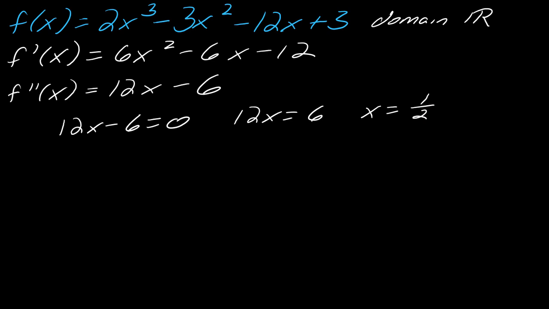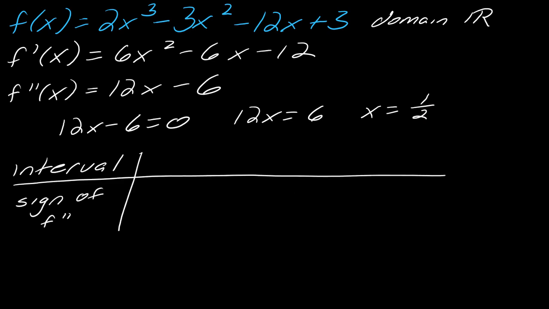So let's set up a table. This table looks very familiar to what we talked about in the first derivative test. And if you don't know what the first derivative test is, I'll leave a link in the description of this video if you need to go back and watch that.